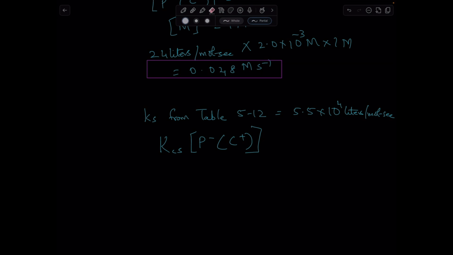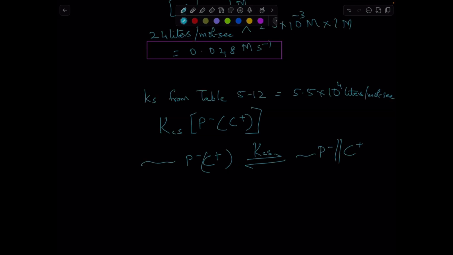So since the contact ion pair is in equilibrium with an equilibrium constant of KCS with the solvent-separated ion pair, the concentration of the solvent-separated ion pair is equal to KCS times the concentration of contact ion pair.